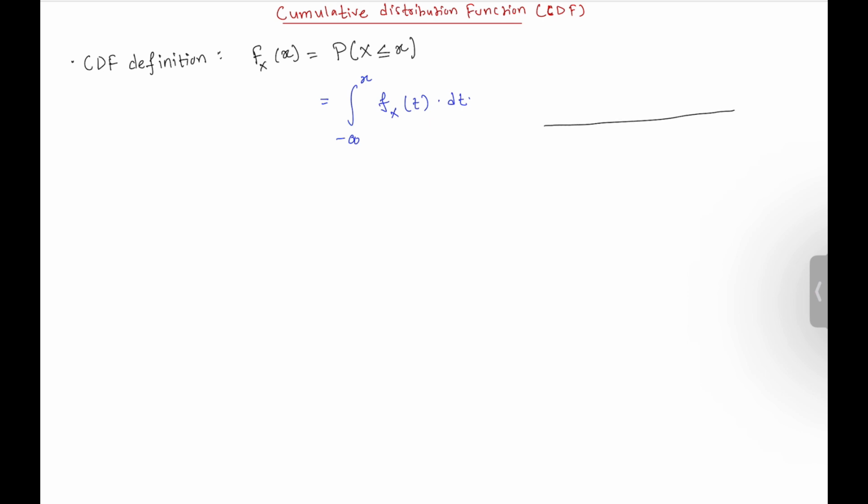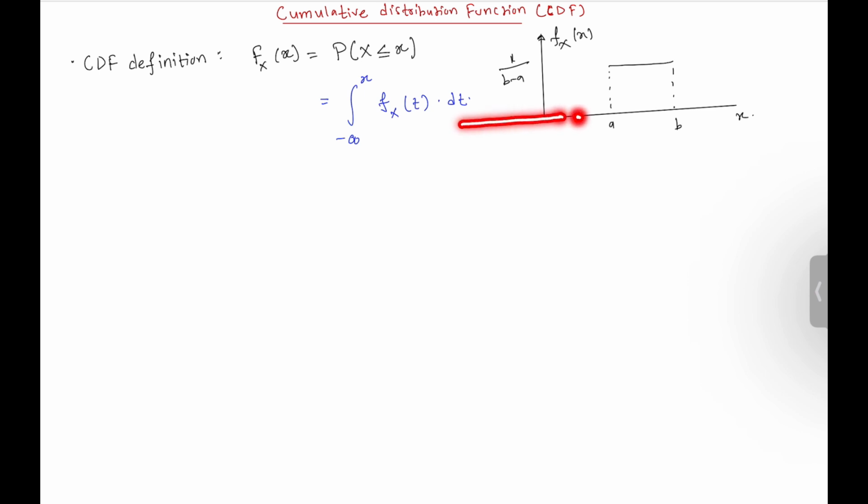We have the PDF of this uniform random variable, which has some height in the interval from a to b, and that height will be 1 divided by b minus a. This is the probability density function for the random variable X.